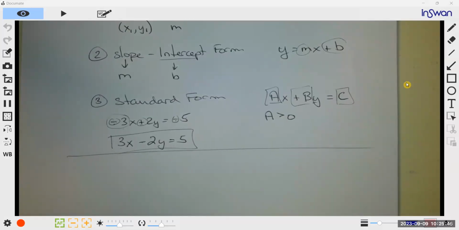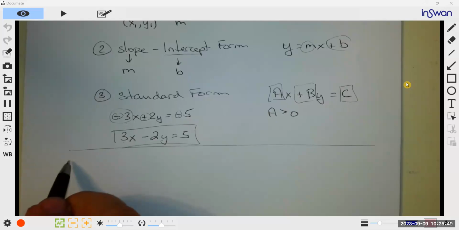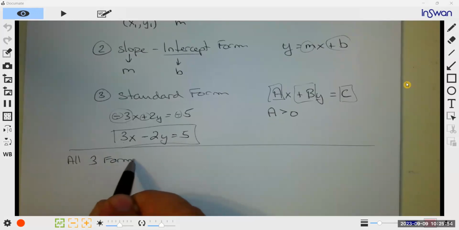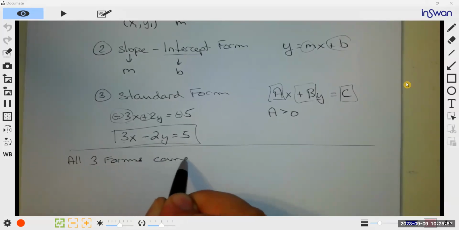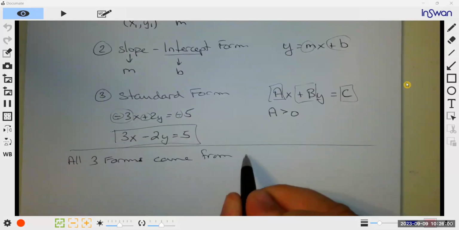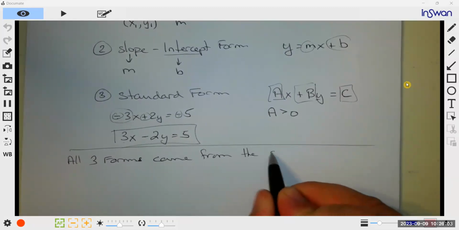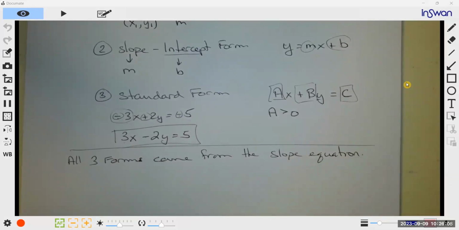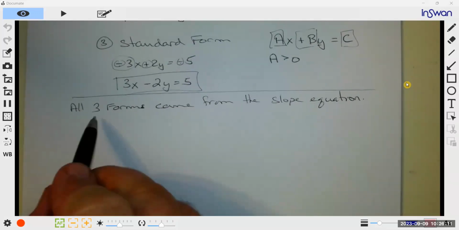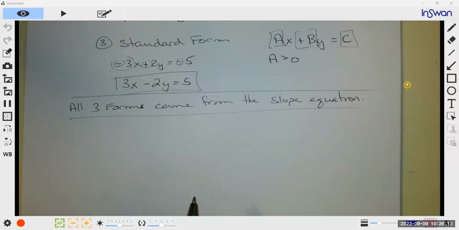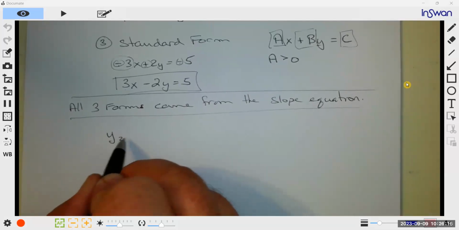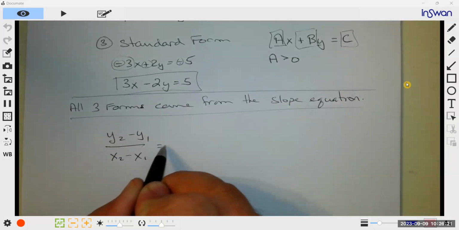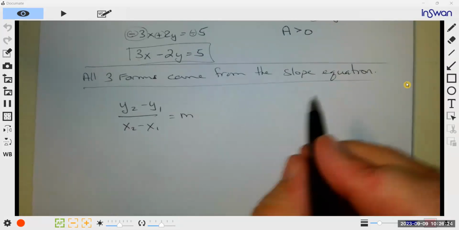Now, all three forms came from this slope equation: y2 minus y1 over x2 minus x1 equals m. There's the slope equation.